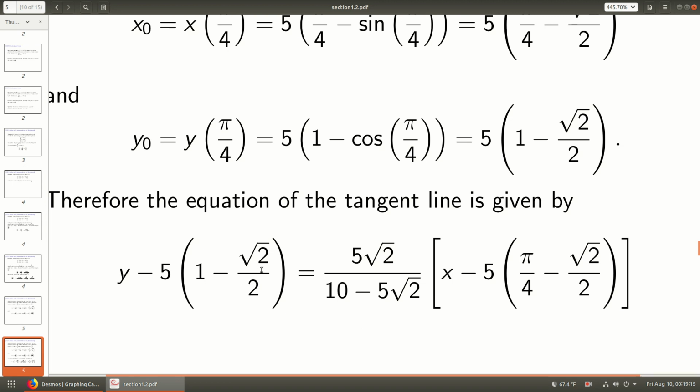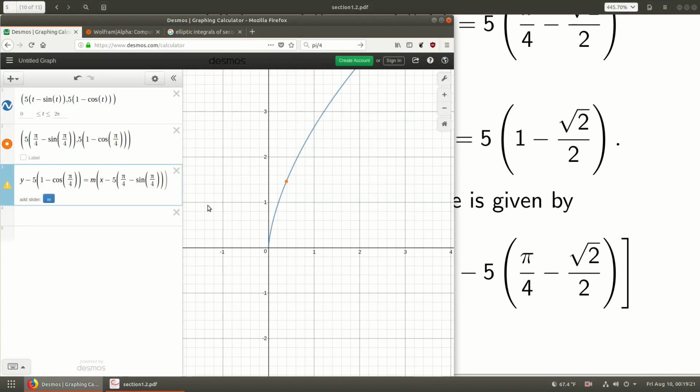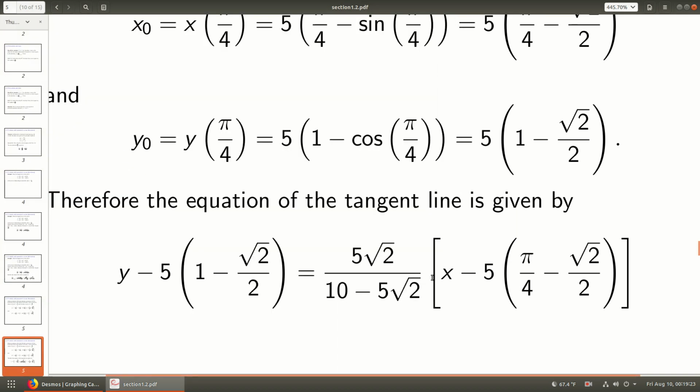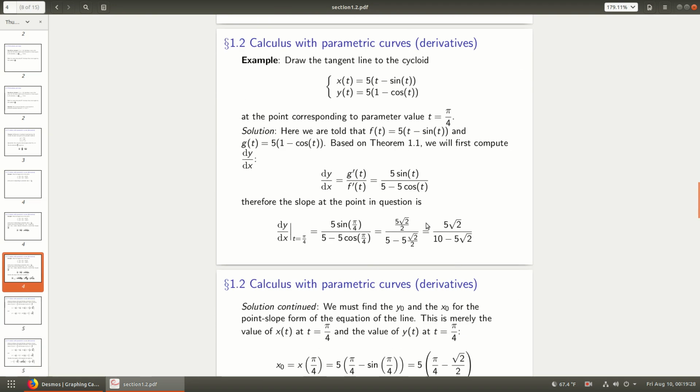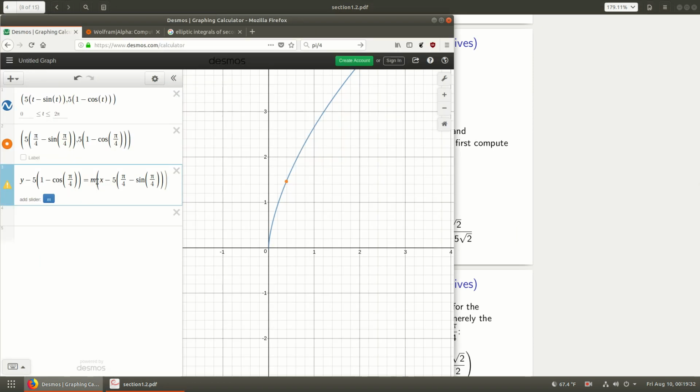Now I went ahead in the slides and plugged in sine of pi over 4 and cosine of pi over 4, but I didn't in Desmos because I'm doing it on the fly. And so I need to plug in this slope that we got earlier. That was a couple slides ago, right here. 5 root 2 over 10 minus 5 root 2. So I'm going to write that here and then copy it. 5 square root of 2.